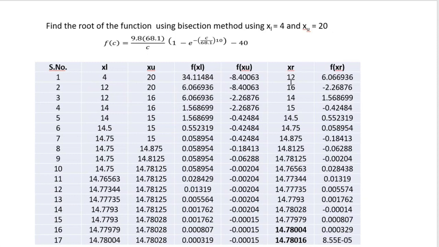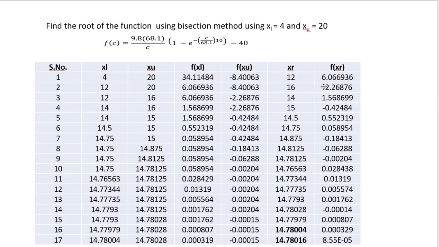Once we get XR, we calculate the function value at XR. This comes positive. Now when I see that the function value at XR is positive, I conclude that the search range has to be from 12 to 20, because for 20 the function value was negative, and for 12 it is positive.